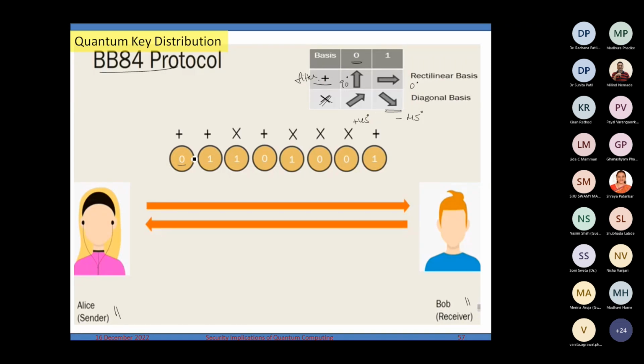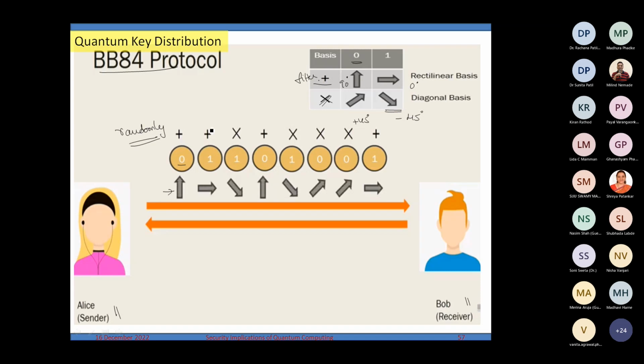Now Alice wants to send these bits, so she applies the filter or the basis. Remember, this application of filter or basis is happening randomly. Once this filter is applied, you see the output of that particular filter as per the possible states that we have. When a 0 is sent over the rectilinear basis, you get this corresponding state.